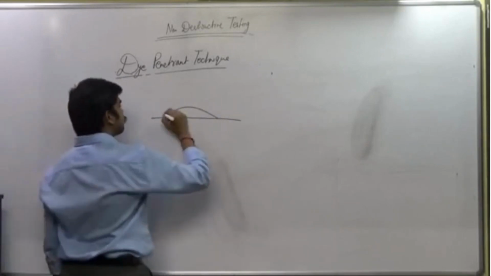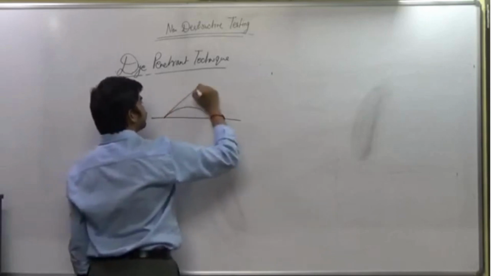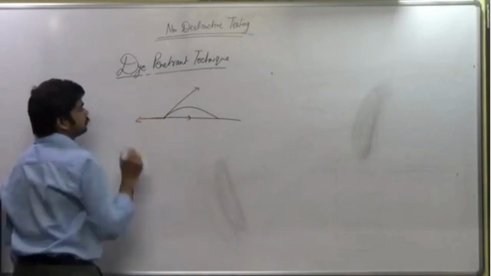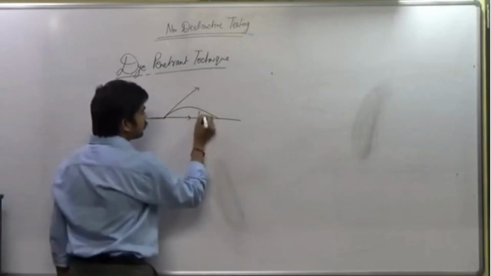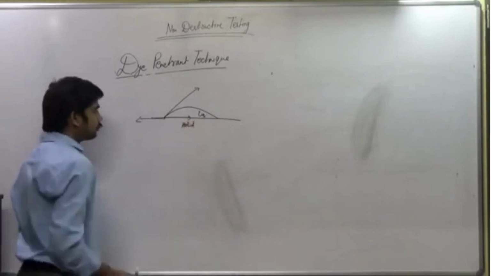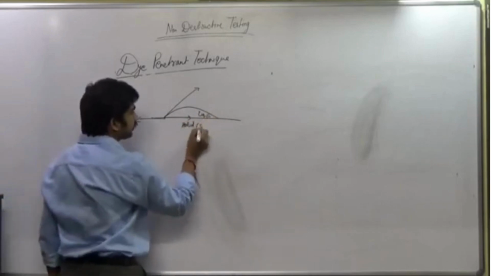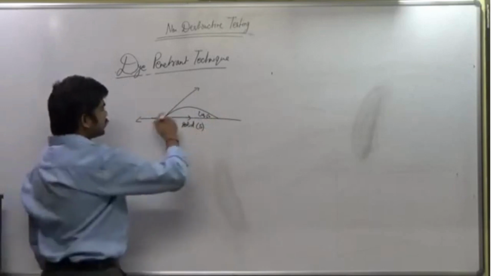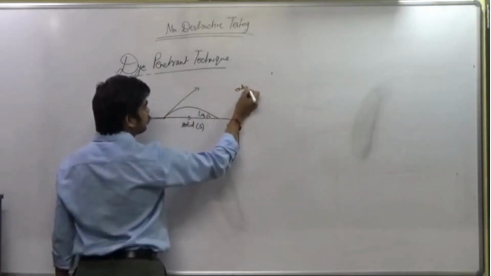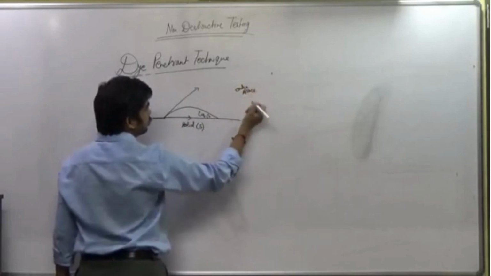Now these liquid droplets can have different surface energies here. Let us suppose this is a liquid droplet and this is your solid surface. So this is L, this is S, and this is nothing but your outer space, let us say vapor.